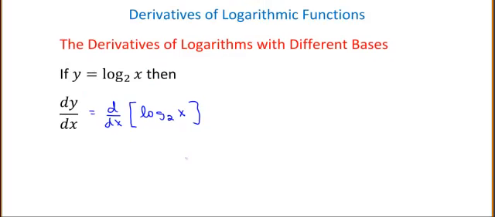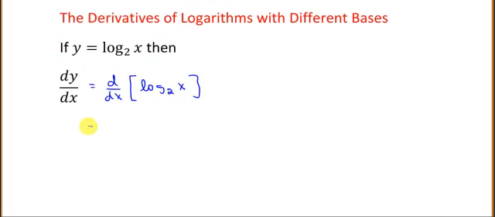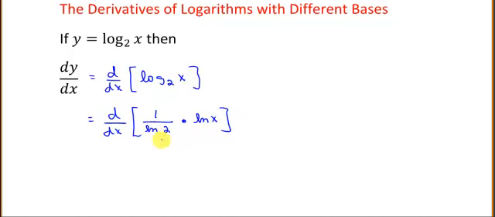And according to our formula, that would be the derivative with respect to x of 1 over the natural log of 2 times the natural log of x. All right, this 1 over the natural log of 2 is just a number. It's a constant factor, and so I can take it out.